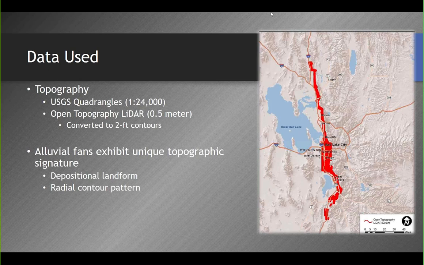It receives and deposits sediment consistently over geologic time, and that's what gives it the fan shape. They have channels that move throughout their history, and as they receive sediment, they create that fan shape. When you look at that expression in contour lines, they create a radial contour pattern. I'll show you what that looks like here.